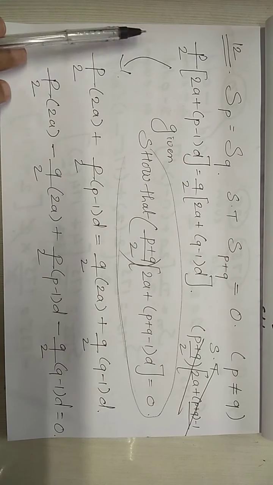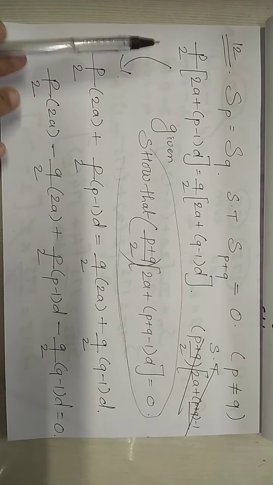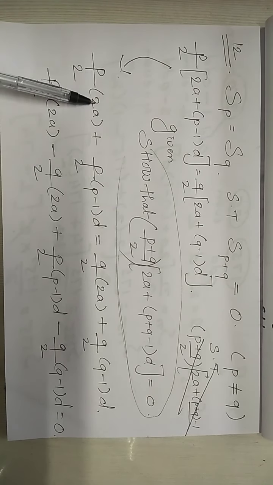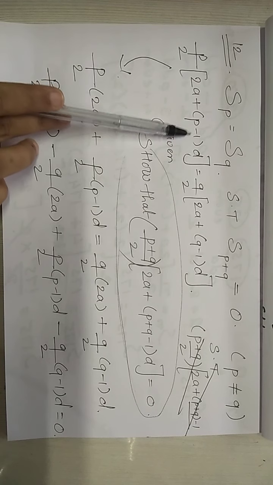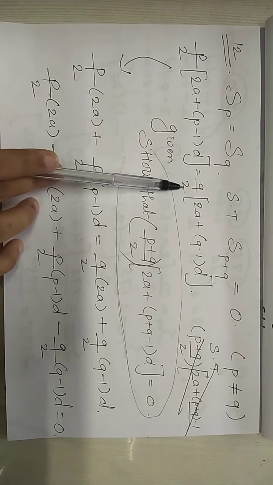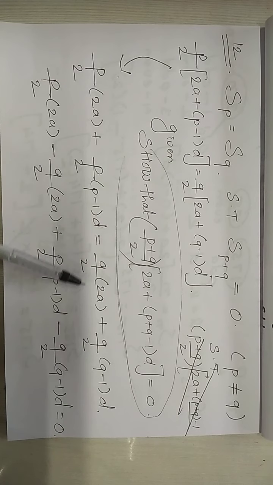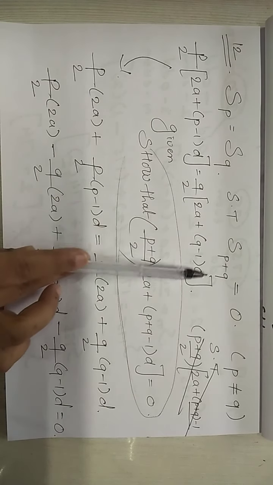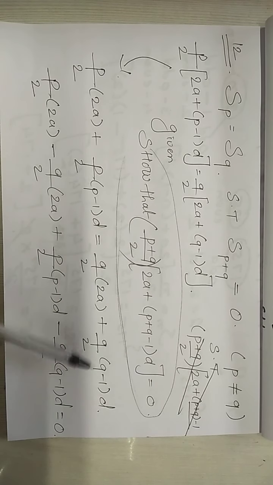Now let's start with the given statement. Let's come back to the given statement. p upon 2 multiplied with 2a, and p upon 2 multiplied with the second term (p minus 1)d. Similarly q upon 2 multiplied with 2a, and q upon 2 multiplied with the second term (q minus 1)d. So this will become p upon 2 into 2a, minus this 2a term will go on the LHS.